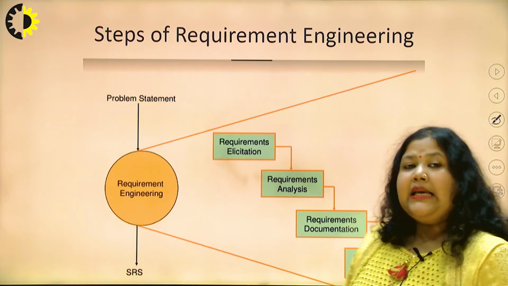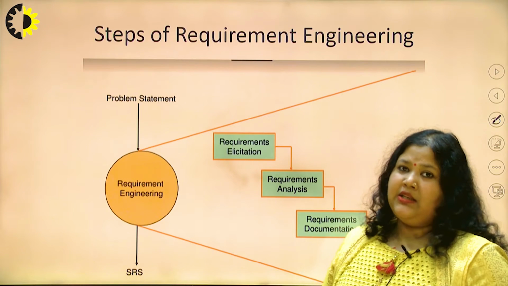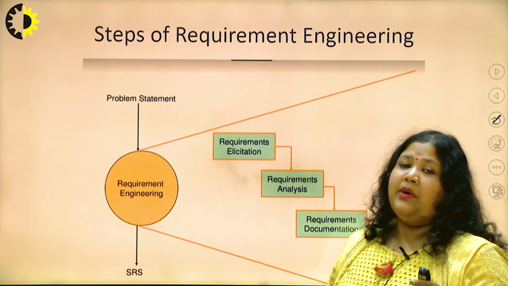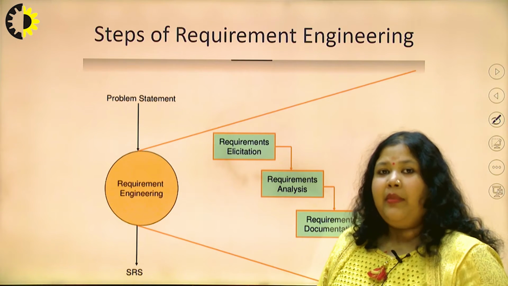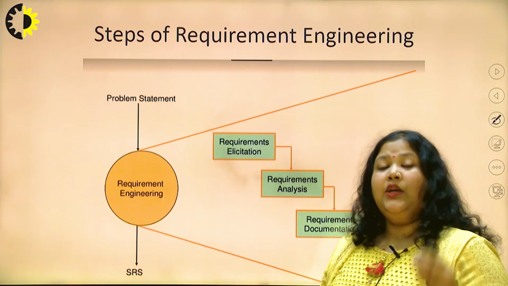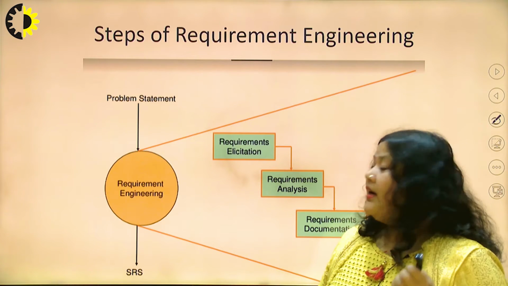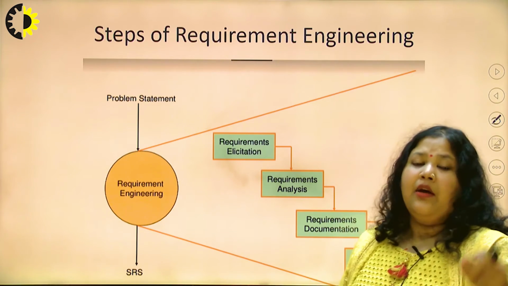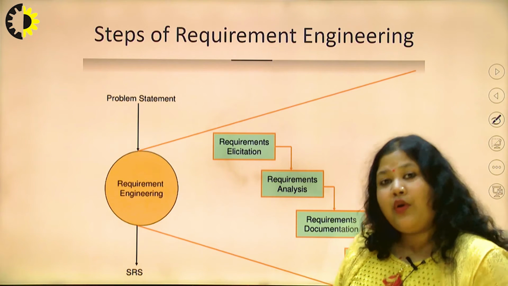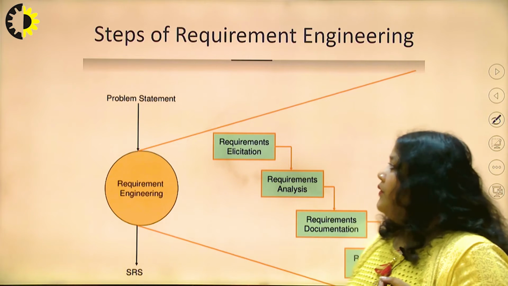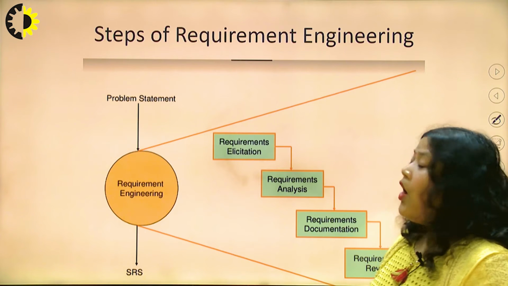Now these are the basic steps of requirement engineering. When you have to define any requirement of any system, you have to depend on all these steps, because we know the problem statement and we have to focus on it. In requirement engineering we focus only on what problem we have to resolve.